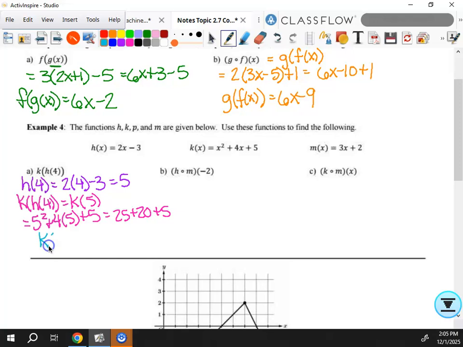So k of h of 4 equals 50. Okay. Any questions at all? All right. Okay, so then I want you to do B. I would suggest first rewriting it as h of m of negative 2.